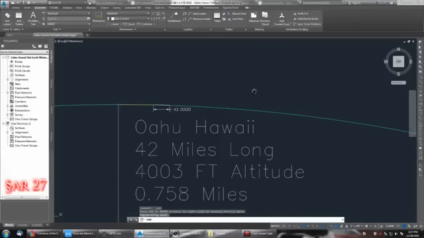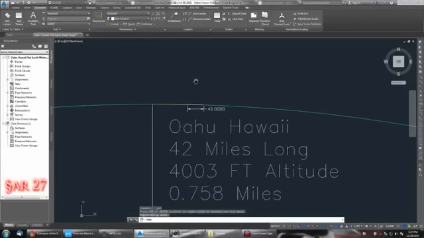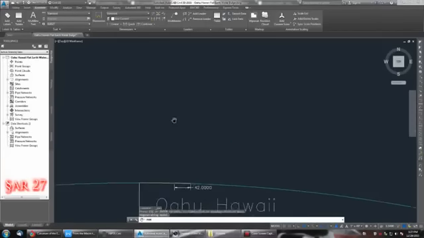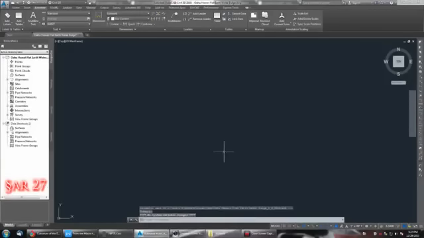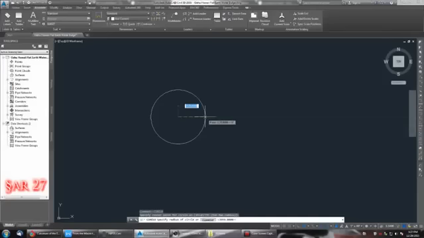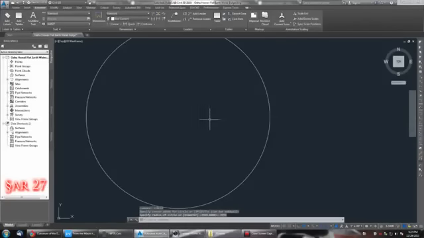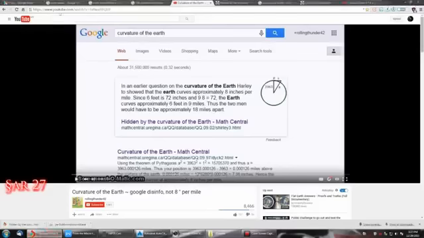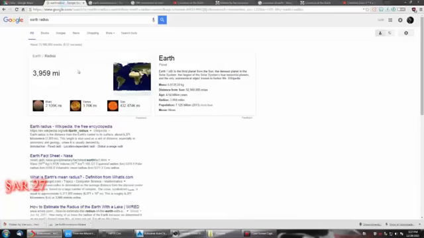I left it up, so I'm just going to make another one. It's getting pretty silly now. So 3959 is the radius of the Earth. I'm going to come back over here, get the Earth radius, 3959.